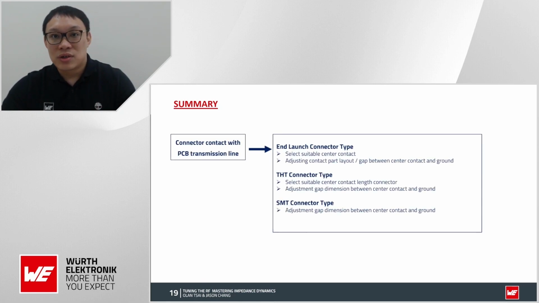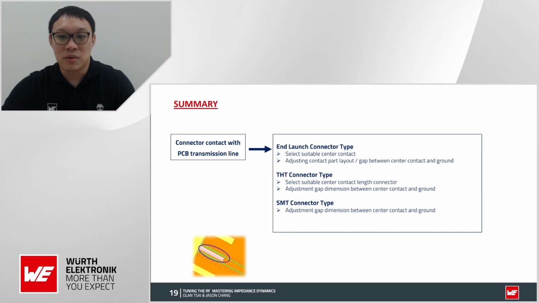The last part is the connector types. For the inner notch, try switching to a different type of center pin. Try to match it well to your PCB, because there are a lot of different PCB thicknesses and different PCB materials.